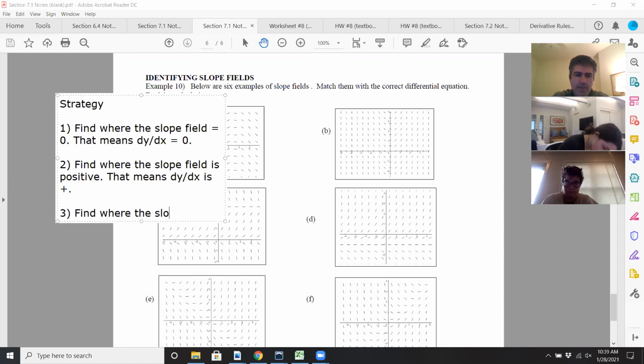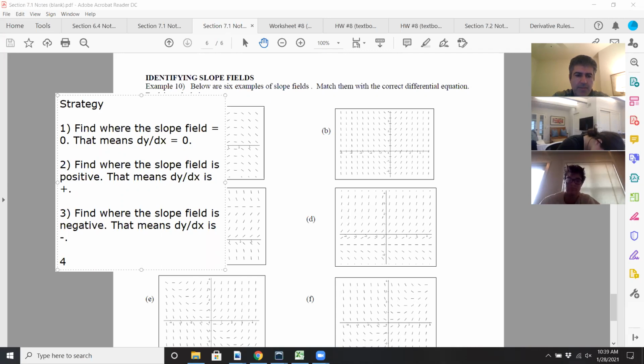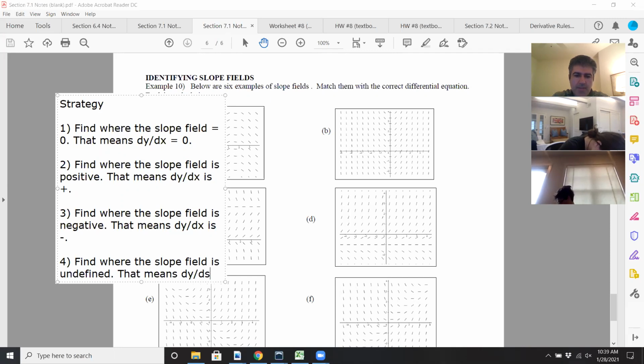Find where the slope field is negative. That means dy over dx is negative. And lastly, find where the slope field is undefined. That means dy over dx is undefined.